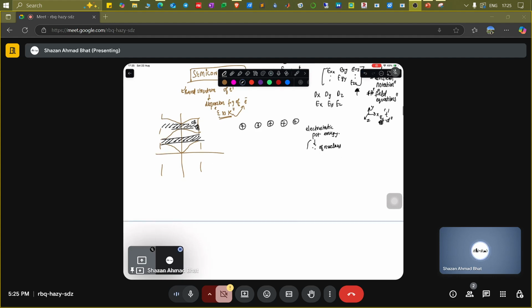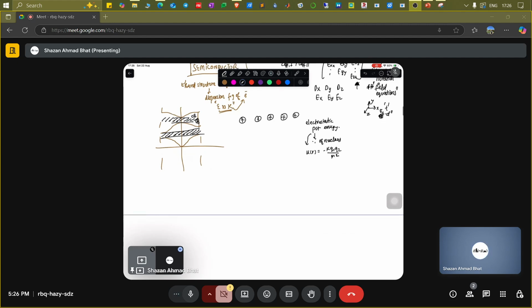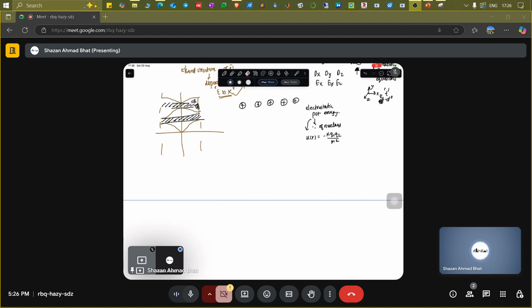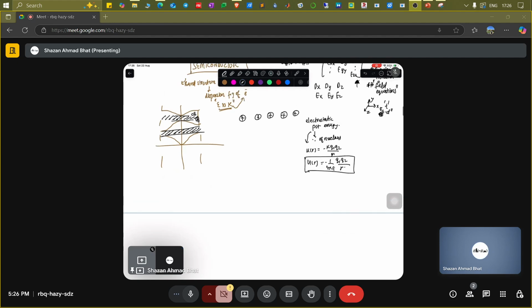So the electron feels this electrostatic potential energy, which is, let's say, U of R equivalent to some minus K Q1 Q2 divided by R. If you talk about the force, then it will be R square, but if you talk about the potential, it will be R. So K is 1 over 4 pi epsilon, and Q1 Q2 is the charge of the electron and the charge of the nucleus, divided by R. This is the potential felt by the electrons, which looks something like this. This is the nuclear potential felt by the electrons in presence of the nucleus.